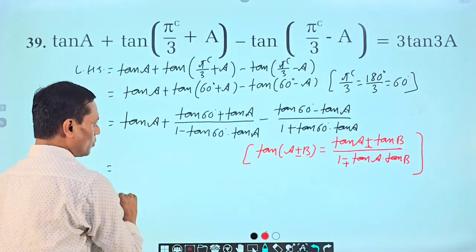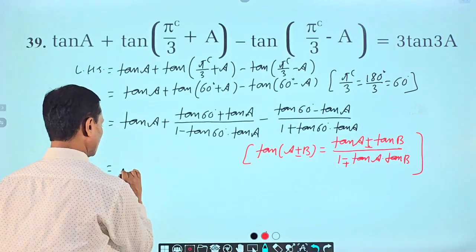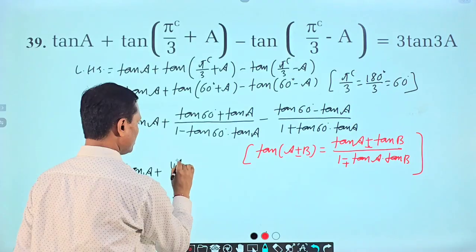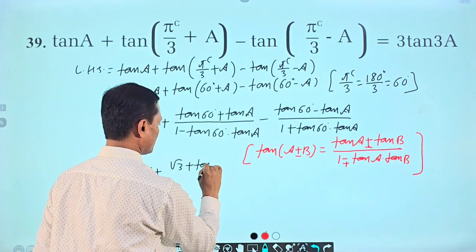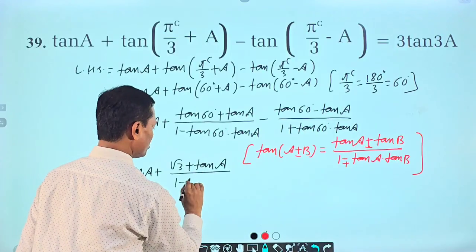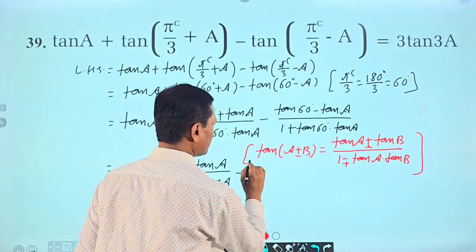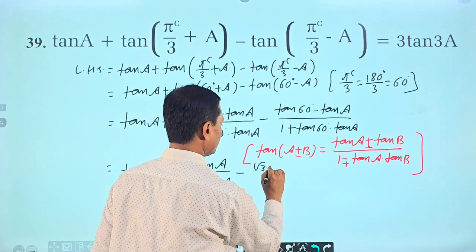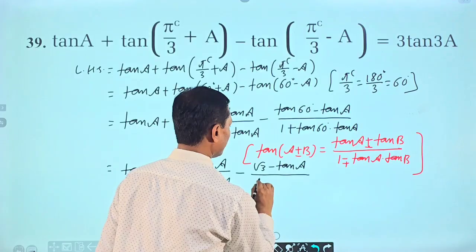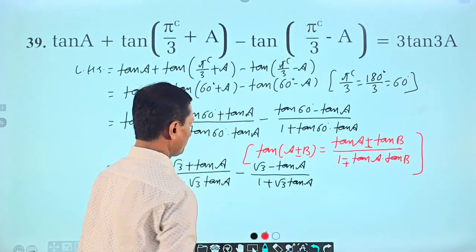Next step is that we know the value of tan 60 degree, and tan 60 degree gives root 3. So we can write tan A plus root 3 plus tan A over 1 minus root 3 tan A, and minus root 3 minus tan A divided by 1 plus root 3 tan A, isn't it?